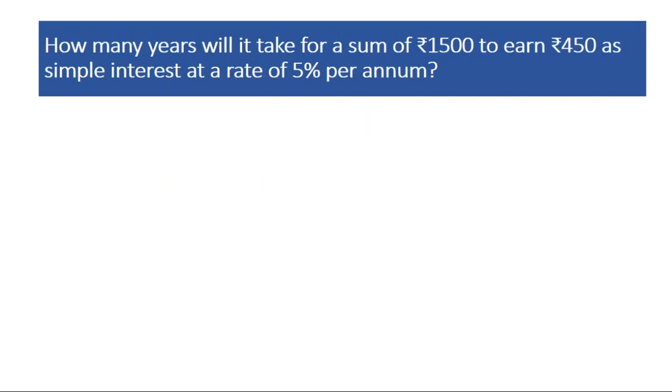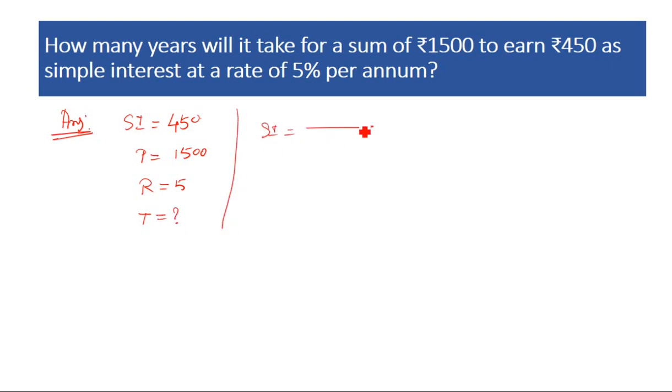How many years will it take for a sum of 1500 to earn 450 as simple interest at a rate of interest 5% per annum? SI is equal to 450, P is equal to 1500, R is equal to 5. SI is equal to P into R into T by 100.